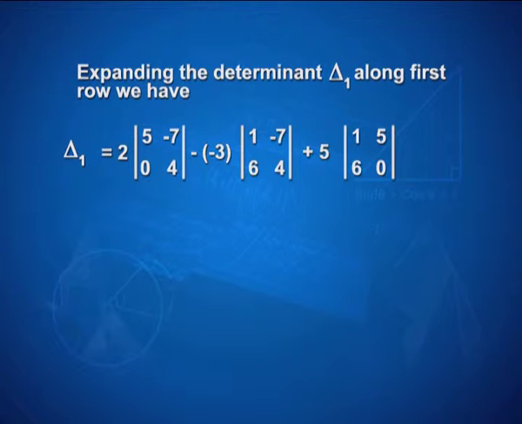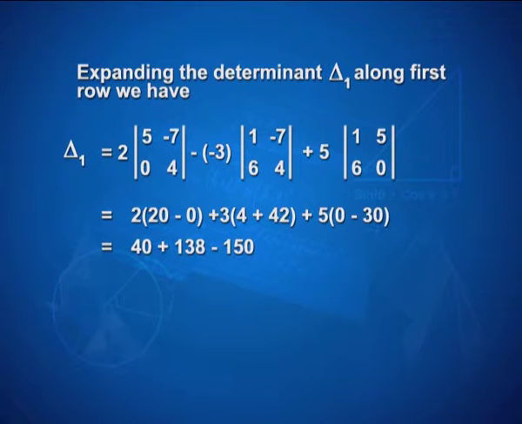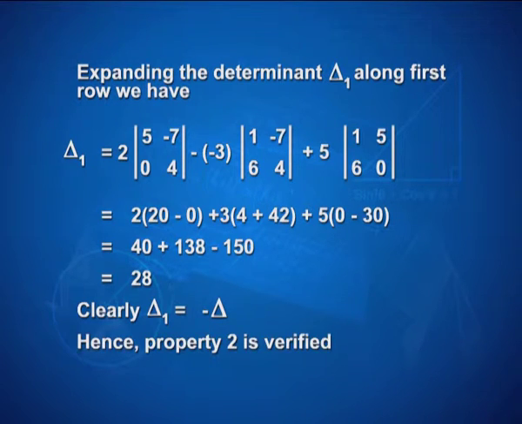On solving, we have 2 into 20 minus 0, plus 3 into 4 plus 42, plus 5 into 0 minus 30. On calculations, we get 40 plus 138 minus 150 is equal to 28. Clearly, determinant 1 is equal to negative of the previous determinant. Hence, property 2 is verified.